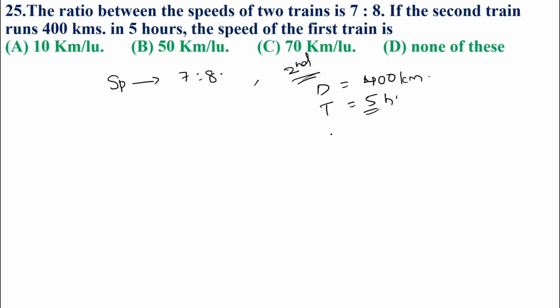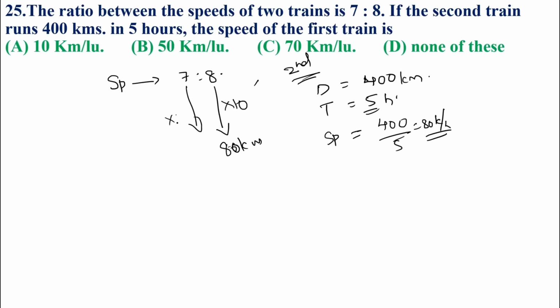So what is speed? Distance by time. So 400 by 5 is equal to 80 kilometers per hour. So 80 kilometers means how many times 8? 10 times. What they have asked? First train: 7 into 10, that is equal to 70 kilometers per hour. So the option is C.